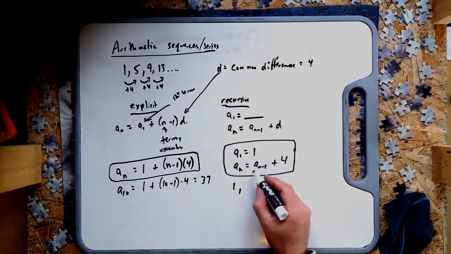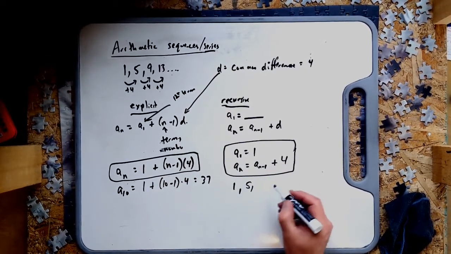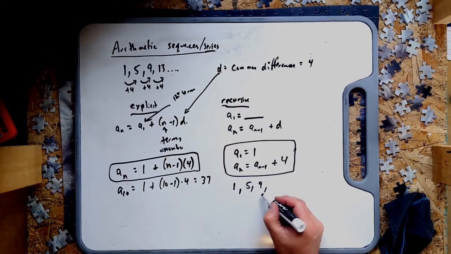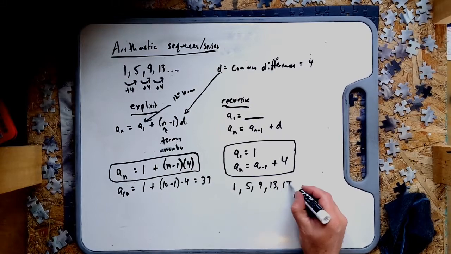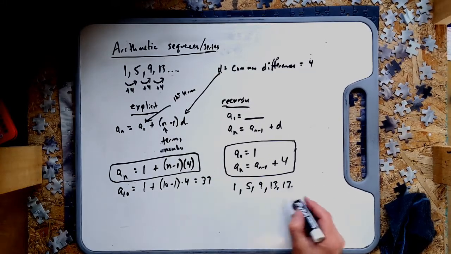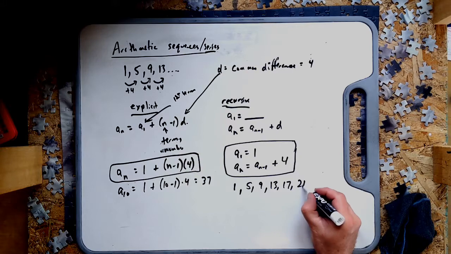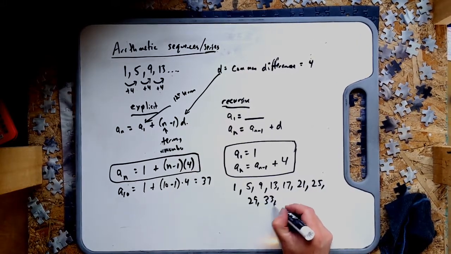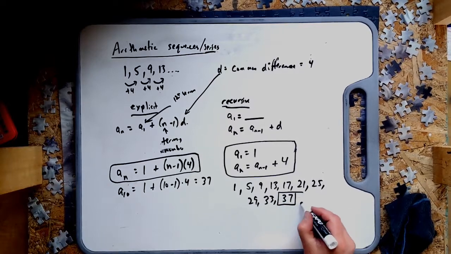A2 equals A1 plus 4, so I add 4 and get 5. A3 is A2 plus 4, so I take 5 and add 4, etc. until, and I keep adding 4, 9, 13, 17, 21, 25, 29, 33, 37, 10th term right there.